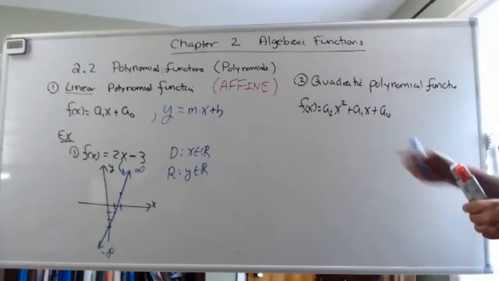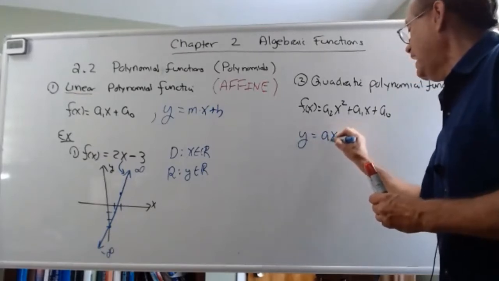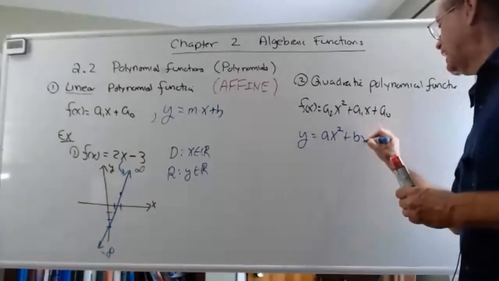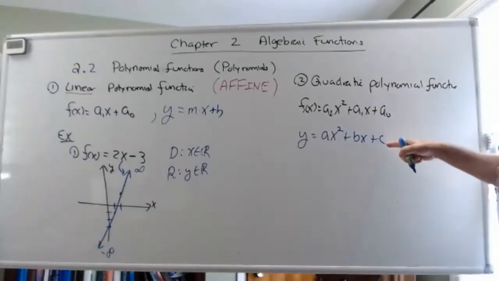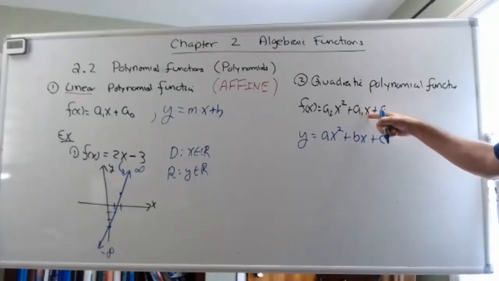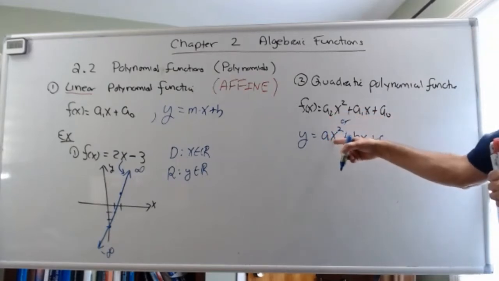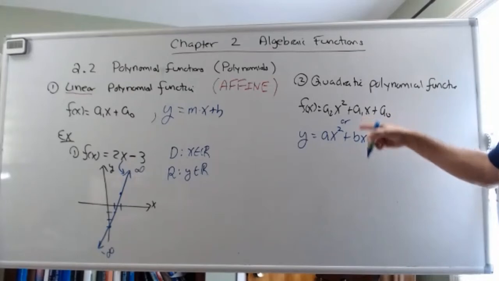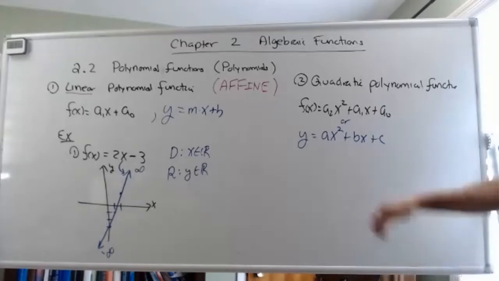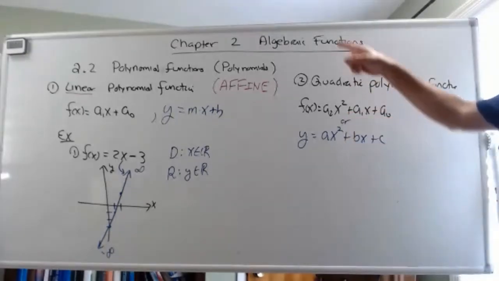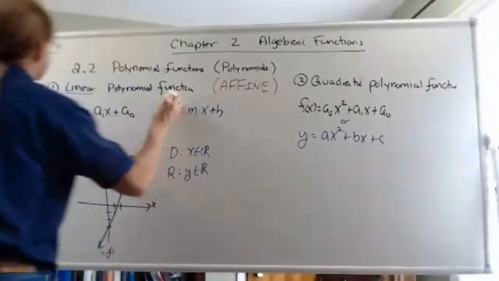Or, again, your more familiar form of this is y is ax squared plus bx plus c. Means the same exact thing. Here, a sub 0 is a constant c, a sub 1, my coefficient in front of the x, we call that b. Either one of those are fine. But it's just a constant times the x squared plus a constant times the x plus c. Now, these constants can be negatives, they can be fractions, they can be anything. So let's take a look at analyzing, in the same way we did the linear polynomials, the quadratic polynomial function.